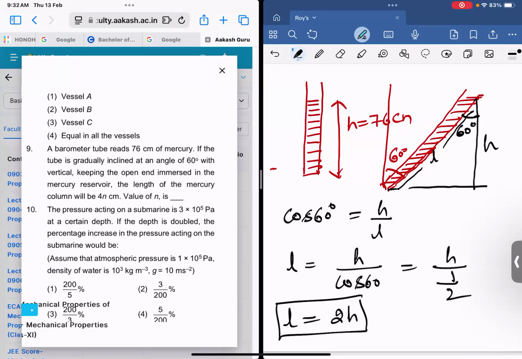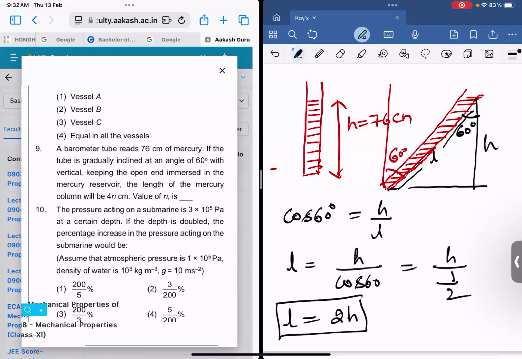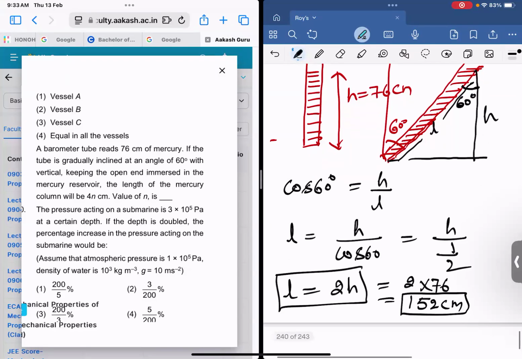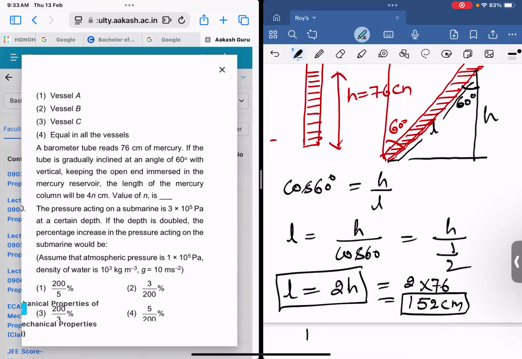नाउ अभी लेंथ कितना था, 76 सेंटीमीटर था पहले। अब लेंथ है 2h, मतलब 2 × 76, ये हो रहा है 152 सेंटीमीटर। लेकिन आपसे n का वैल्यू पूछा जा रहा है। जो भी हाइट है उसको 4n से अगर हम कंपेयर करें, 152 is equal to 4 times of n.